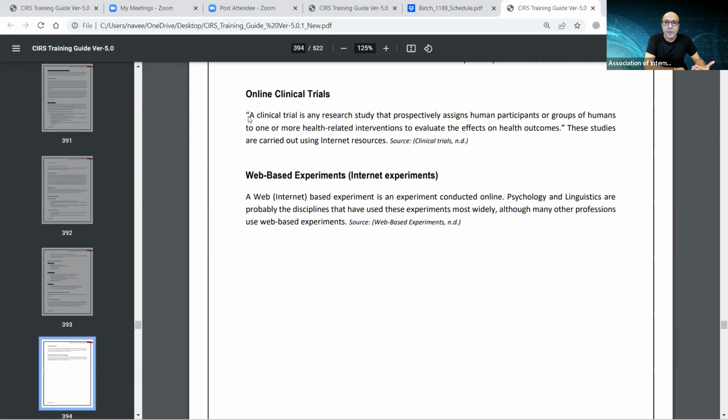Like you need to obtain something called, what is that called? Informed consent. That is the word.